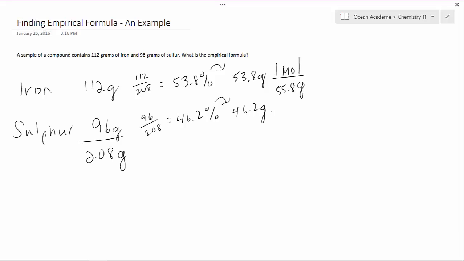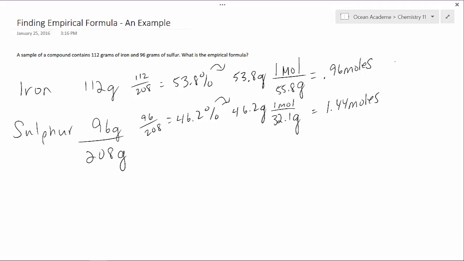And let's do the same for sulfur. 1 mole is equivalent to 32.1 grams of sulfur. Multiplying and dividing, we get 0.96 moles of iron and 1.44 moles of sulfur.